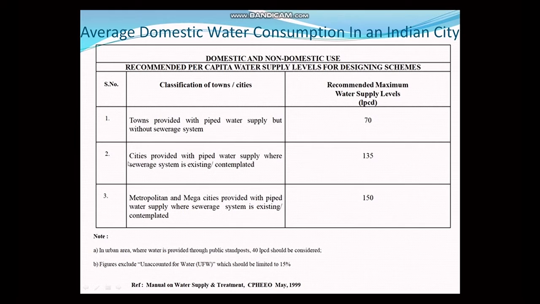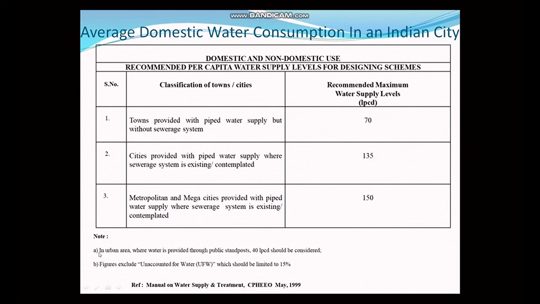The second one is the cities provided with piped water supply and where sewerage system is either existing or contemplated, and for this case the recommended water supply is around 135 LPCD. And the third case is for the metropolitan and mega cities provided with piped water supply where sewerage system is either existing or contemplated, and for this case the recommended water supply is around 150 LPCD.